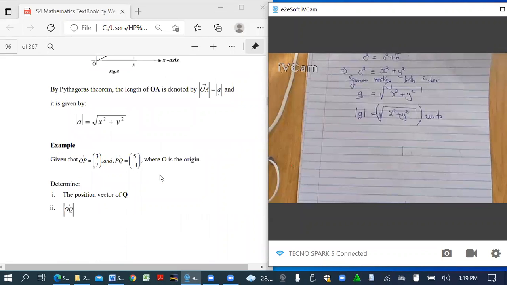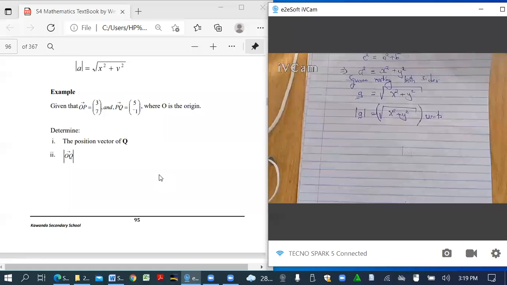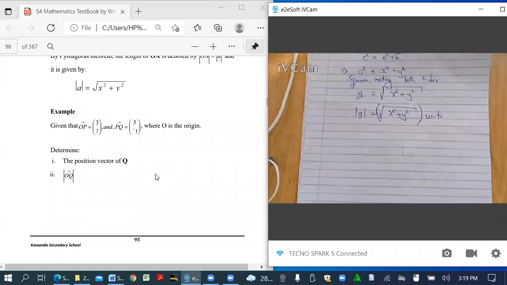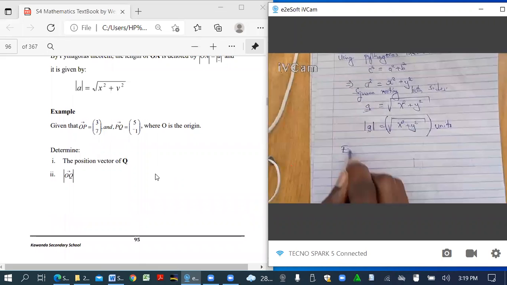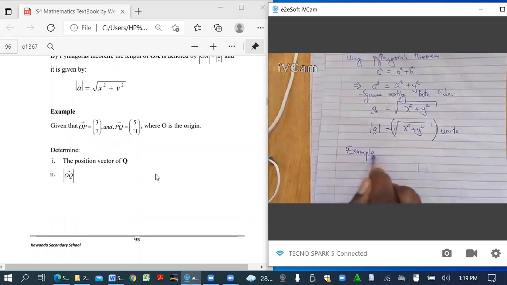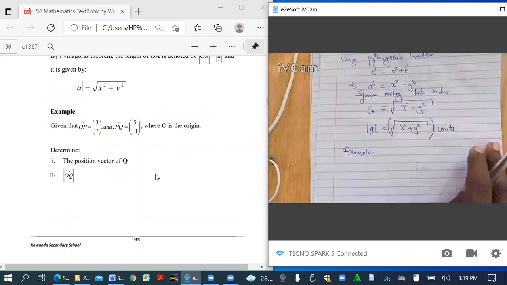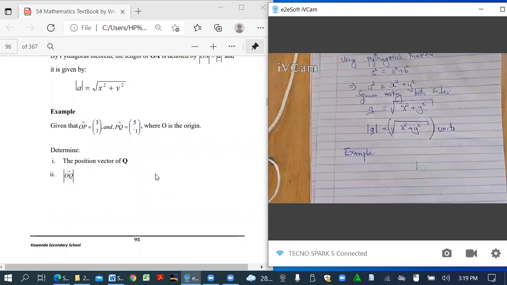Let's move to the example now. The question is not in the work we are having there.